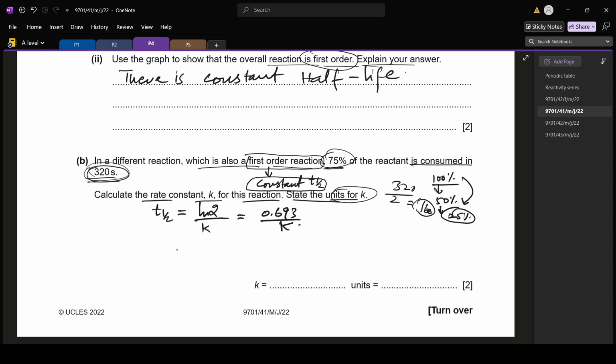From here you can calculate the value of k, which is 0.693 divided by the half-life, and the half-life is 160. So you will get the value of k, which is 0.00433, and the units are second minus 1.